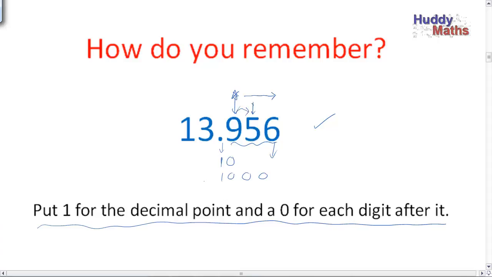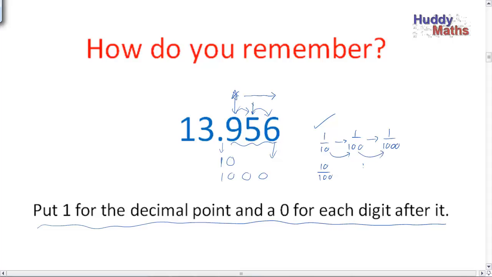Sorry, 9 tenths is 90 hundredths, and 5 hundredths is 50 thousandths. So just remember the separation as we go along there. A tenth to a hundredth to a thousandth. So 1/10 has got 10 hundredths in it, going from here to here.